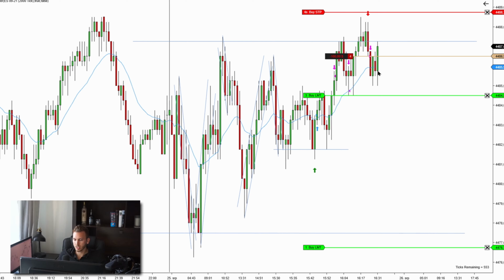I still don't want to. I'm going to get out at break even if I can, hopefully get out. I'm going to merge my contracts and get out of here, because we should have made a move down here. This failed second entry long should have been a good enough trap here.